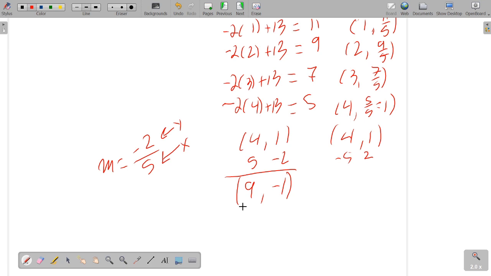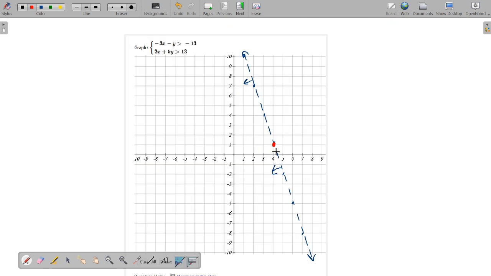And remember, we're going to use a dashed line and shade above. So we now have the points (9, negative 1) and (negative 1, 3).